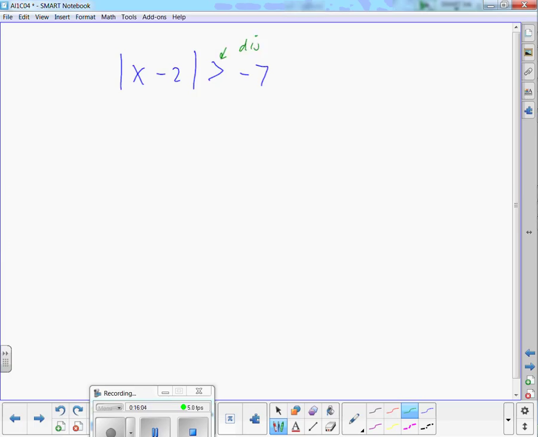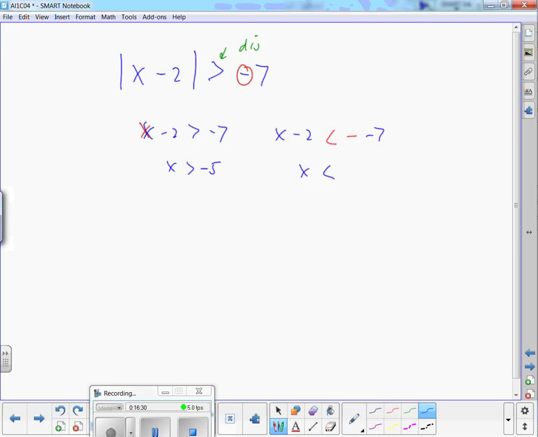It's a disjunction. Agreed? With an inequality, be careful when there's a negative. So let's finish this thing. Get rid of the absolute value and solve, right? Get rid of the absolute value, reverse the inequality symbol, put a negative out in front.